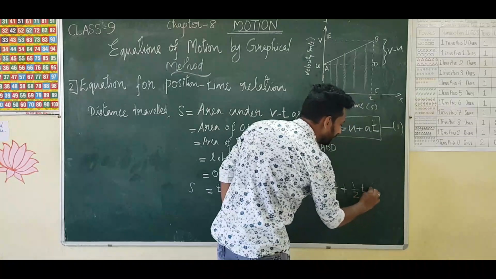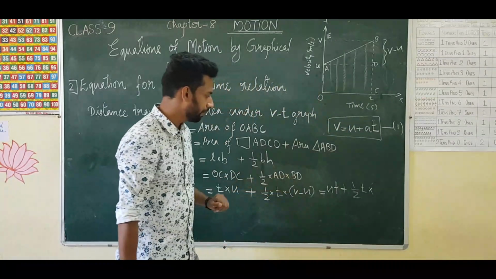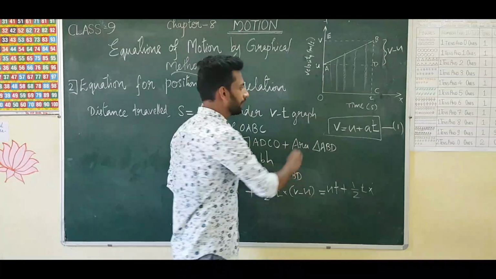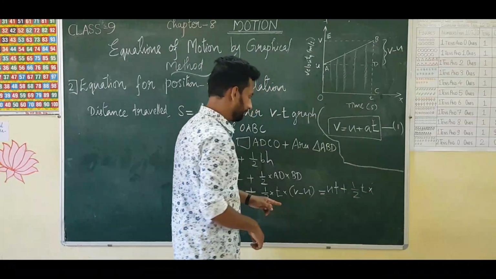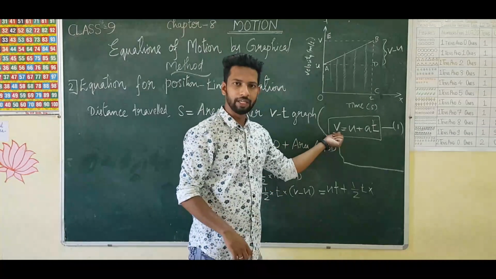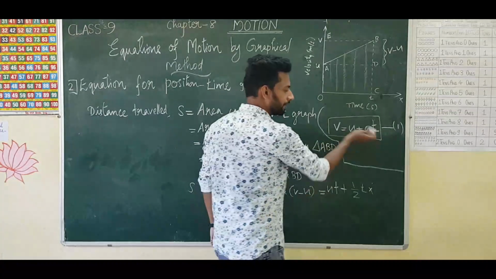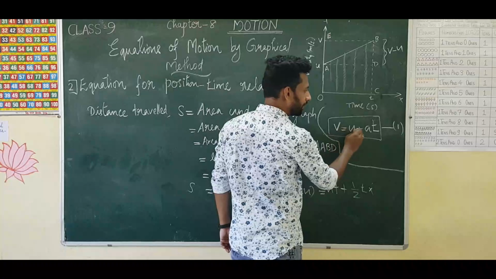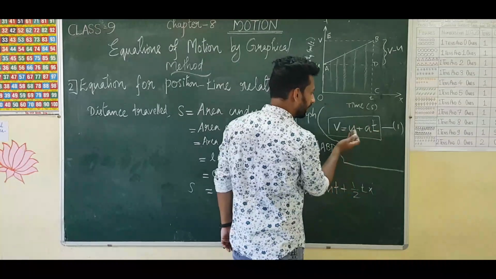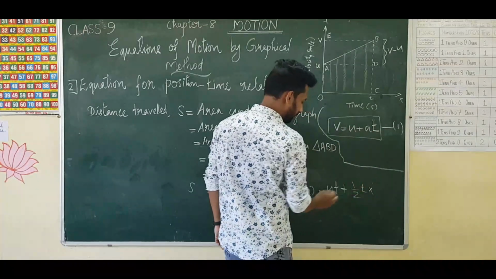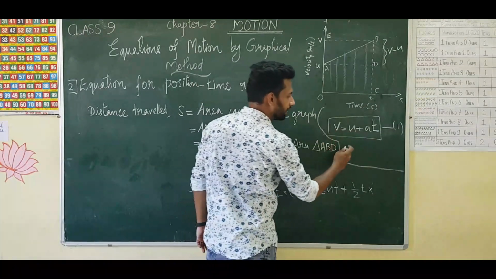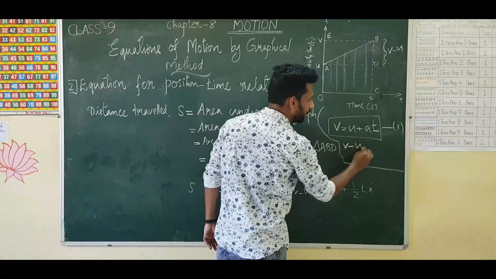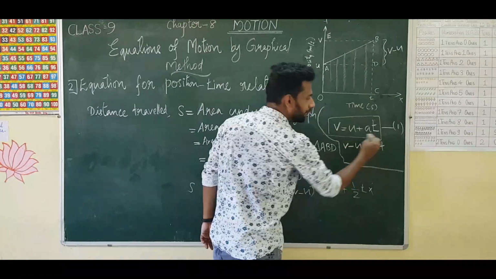See, we have to substitute for V minus U from the first equation. So on the side you can write: substitute V minus U. Just rearrange the equation in order to get V minus U. On the right side you can write V equal to U plus AT. That is the first equation. We need V minus U, so you can take this U to this side. Then what you get is V minus U equal to A into T, isn't it?